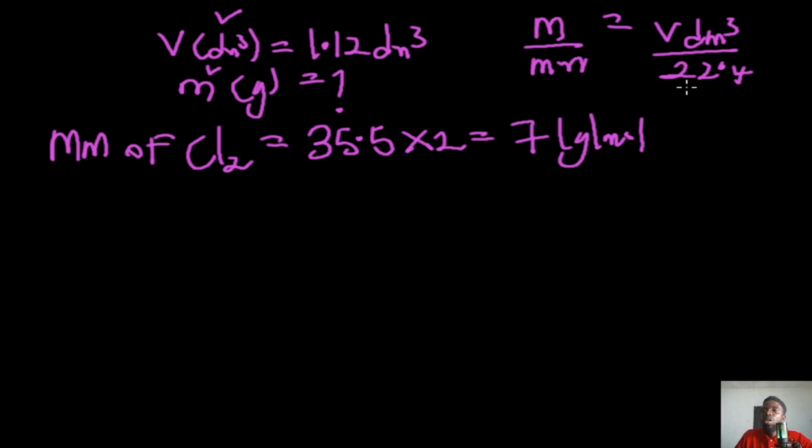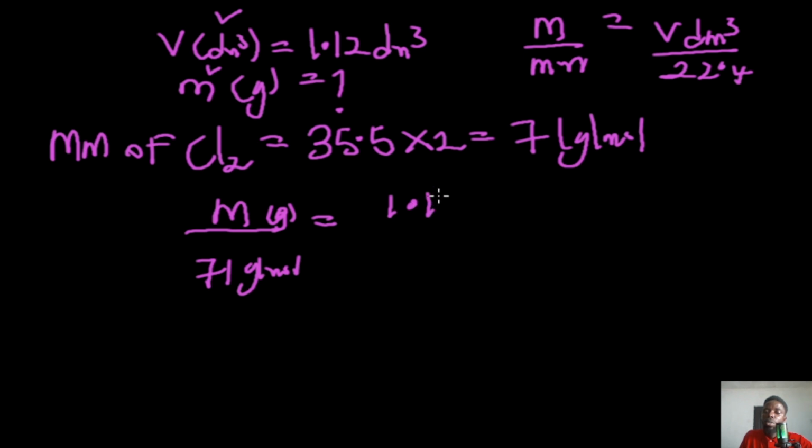We've gotten that. So let's put these things into this particular formula and get our answer. The mass is what we are looking for. The molar mass that is given is 71 gram per mole. Remember, we are looking for the mass in gram. And then, on the other end, the volume that was given in the question is 1.12 dm cube, all divided by the constant molar volume, which is 22.4 dm cube.